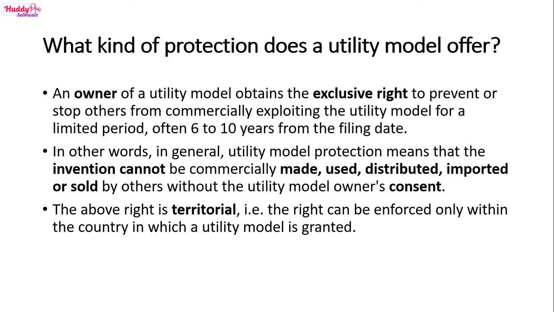So if it so happens, the owner has the right to sue the people who have violated the utility model. That right is territorial, meaning the right can be enforced only within the country in which a utility model is granted.